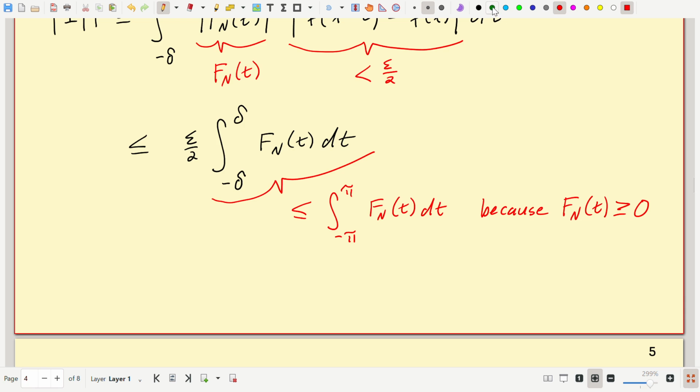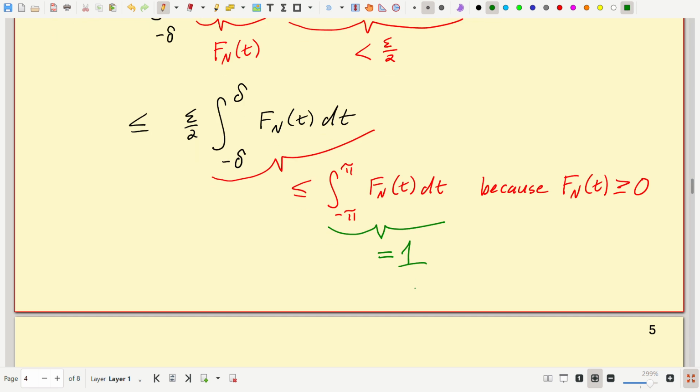And this is equal to 1. And so we get that I1, the first integral, is less than or equal to epsilon over 2. That's very promising.